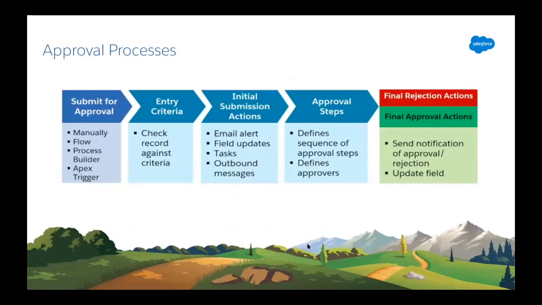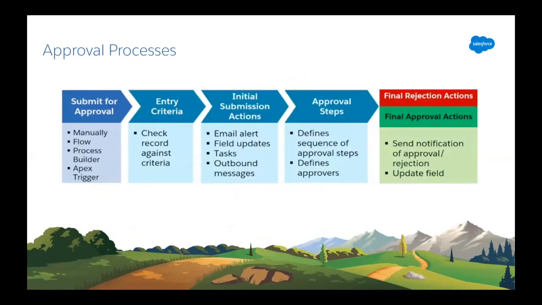So for this diagram, the reason why I like it so much is that it shows what actions can be taken during each step. For submitting approval, you can submit it manually. You can submit it through a button using a flow.